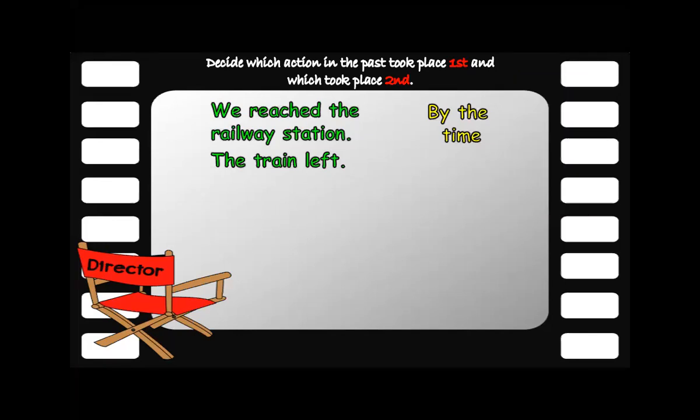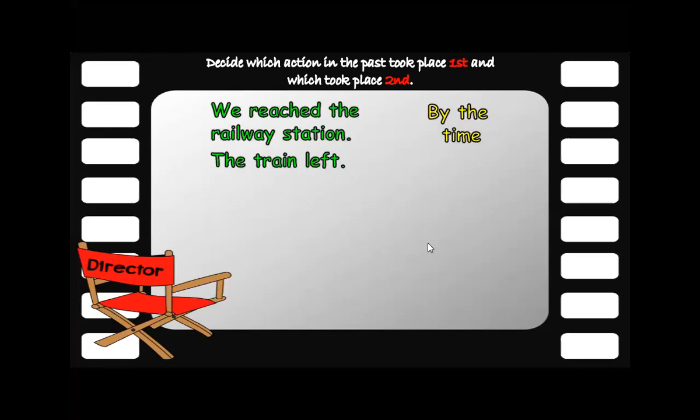Which action was the first and which was the second? We reached the railway station. The train left. I think that they missed the train. So which one is the first? The train left.